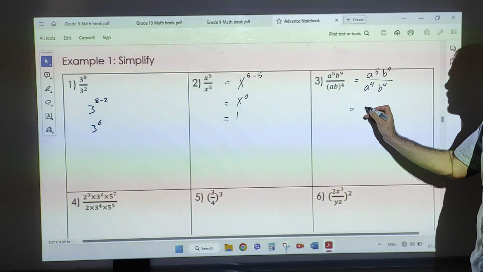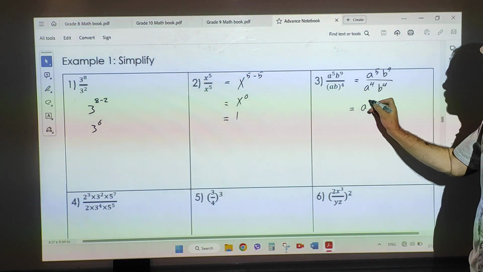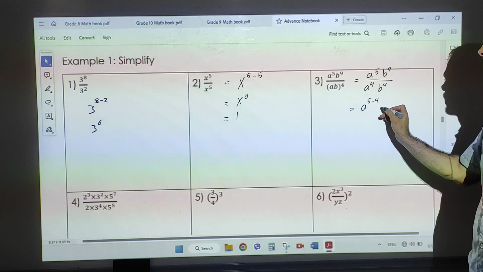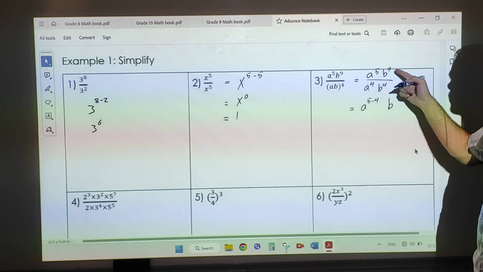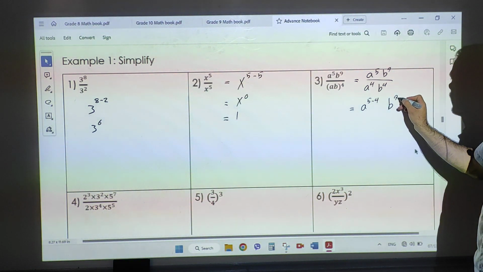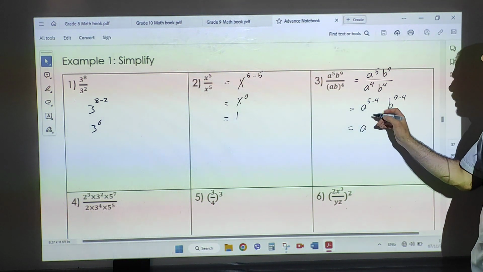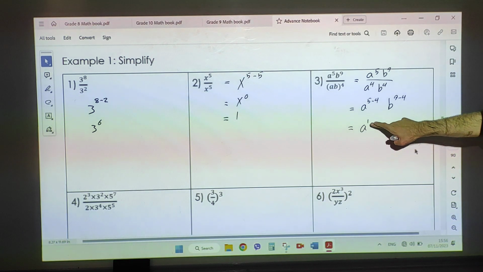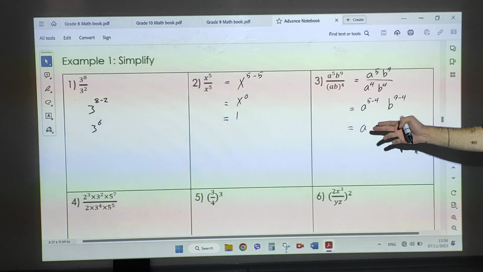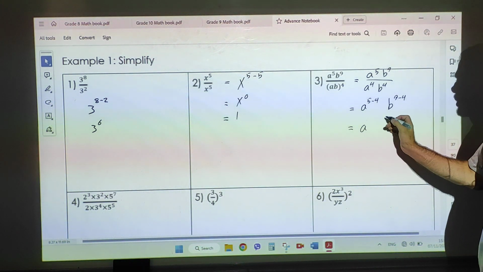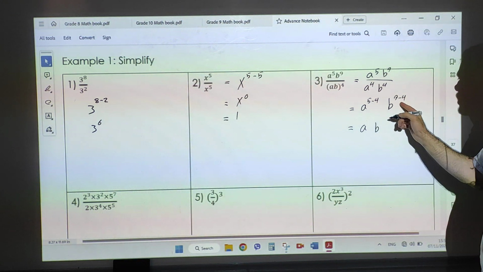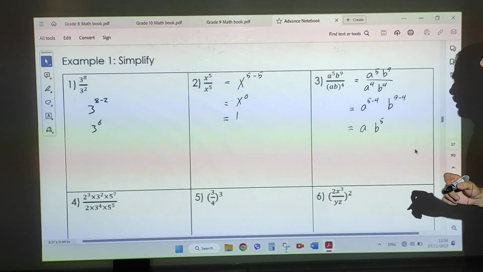Now for the a's, we have power 5, power 4, means 5 minus 4. For the b's, we have 9 minus 4. We will get a power 1. If it's power 1, you can just write it like that, a, or you can write the same, b power 5.